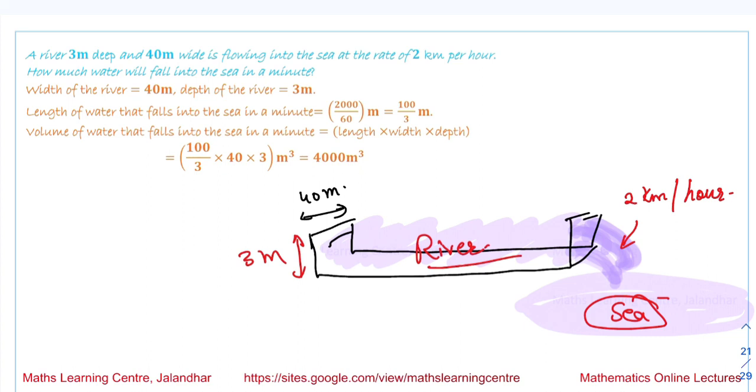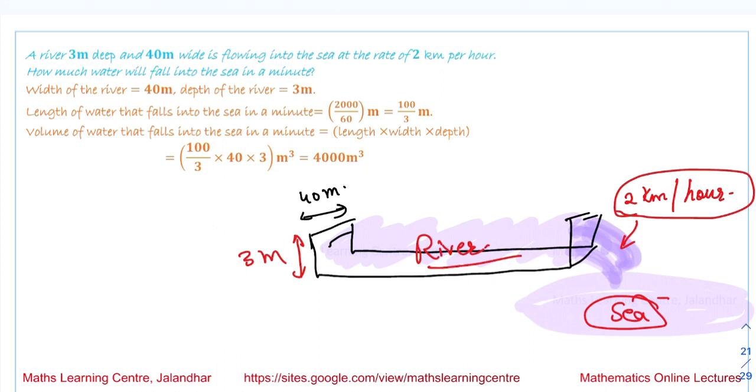So we have to calculate the volume of the water that will flow into the sea in 1 minute. So we have to see how much the water will move in 1 minute. The speed of the water is given as 2 kilometer per hour. So how much distance will it travel in 1 minute? We have to calculate this.